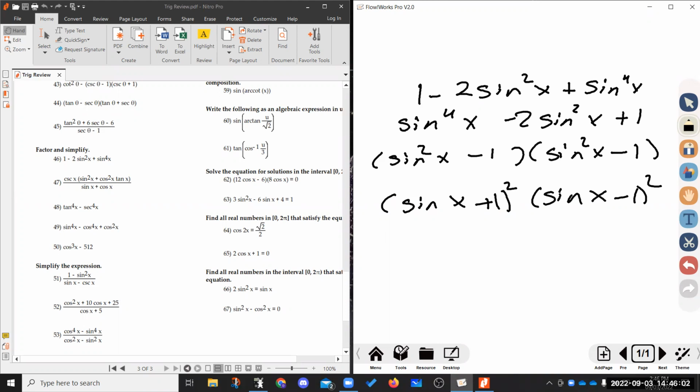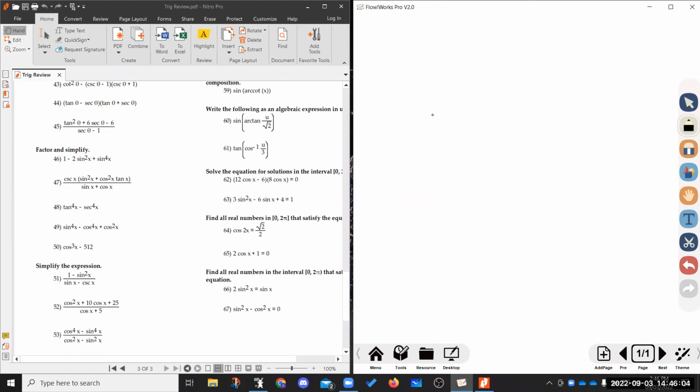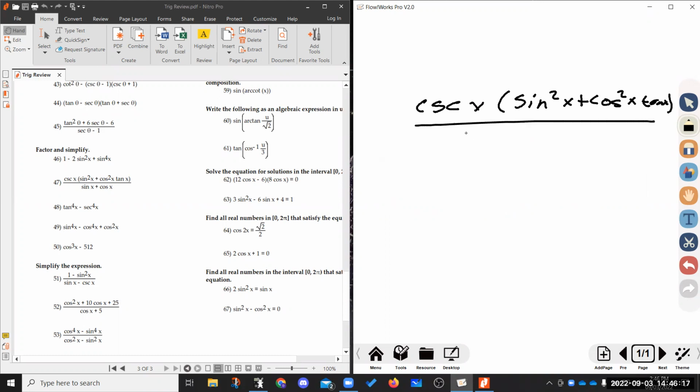So now we have cosecant x times sine squared x plus cosine squared x tangent x over sine x plus cosine of x. So if I multiply through by cosecant, that's a 1 over sine in the top.